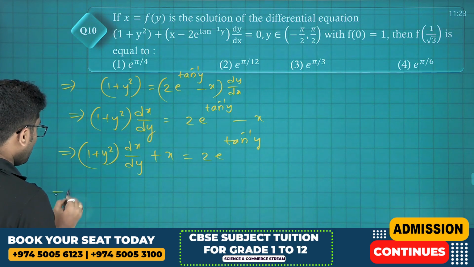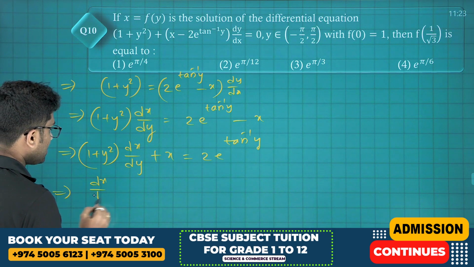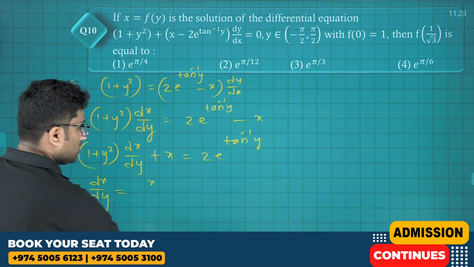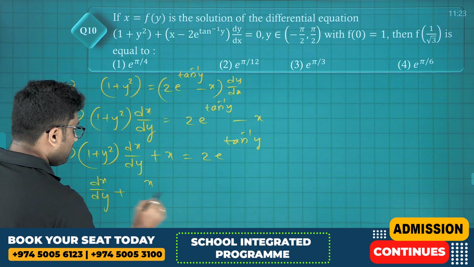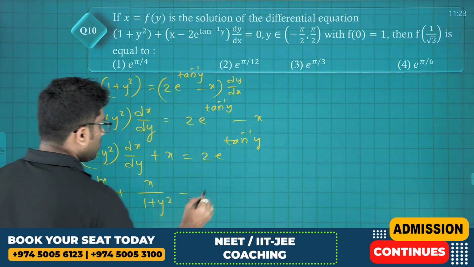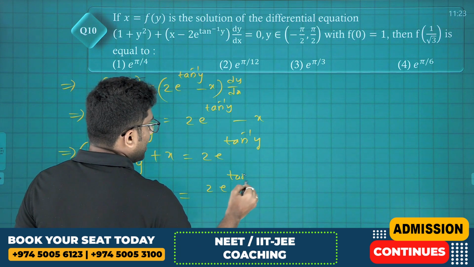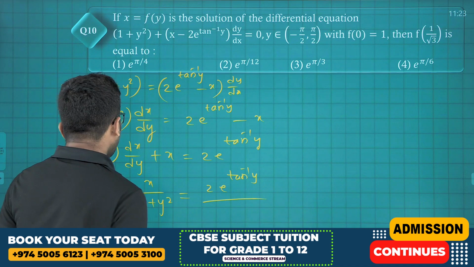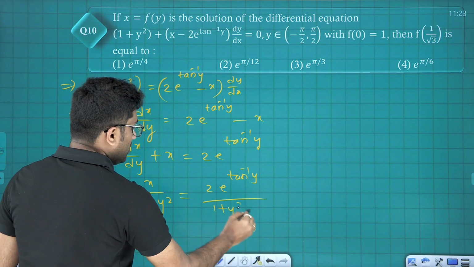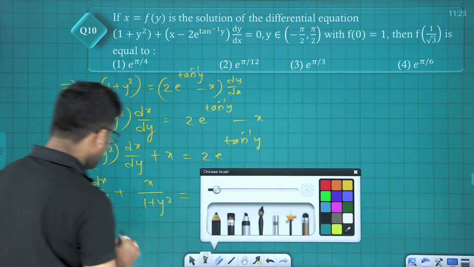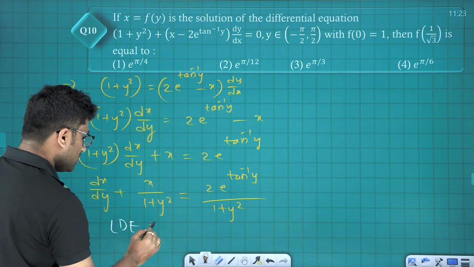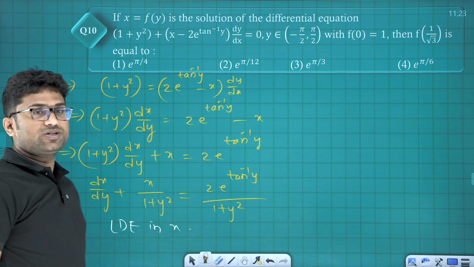Divide both sides with 1 plus y square. So dx by dy plus x divided by (1 + y²) is equal to 2 times e power tan inverse y by (1 + y²). Clearly friends, it is LDE in x, linear differential equation in x.